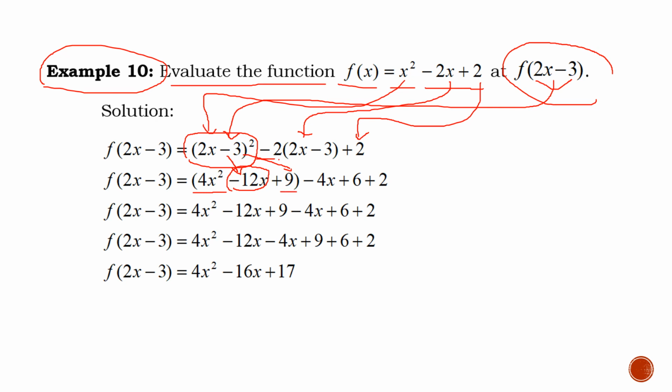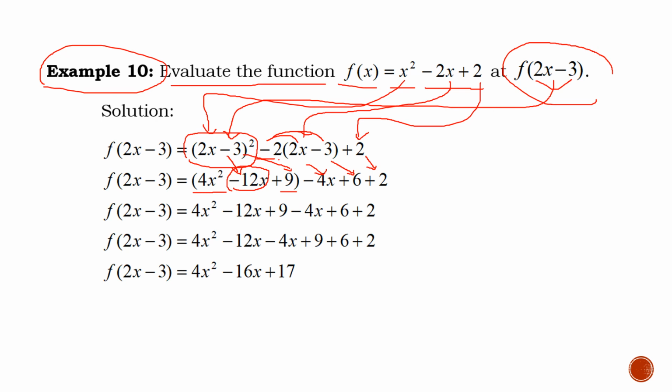For the next term, we just simply distribute negative 2 to 2x, and negative 2 to negative 3. So negative 2 multiplied by 2x is negative 4x. Negative 2 multiplied by negative 3 is positive 6. They are both negative numbers. So we copy your constant 2 here.